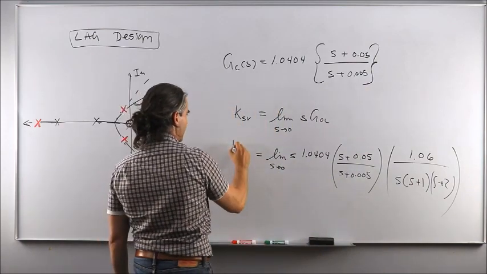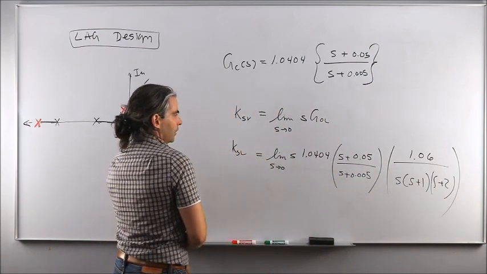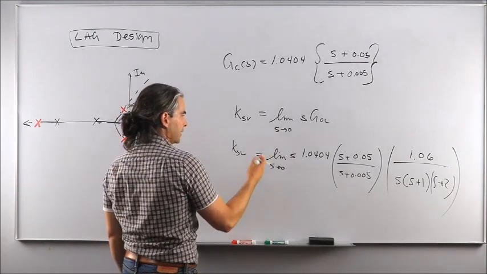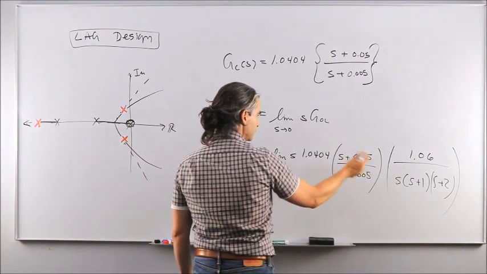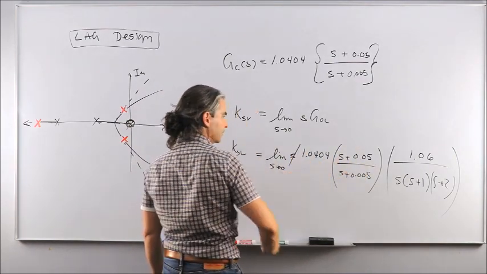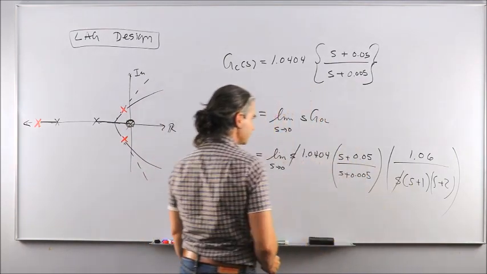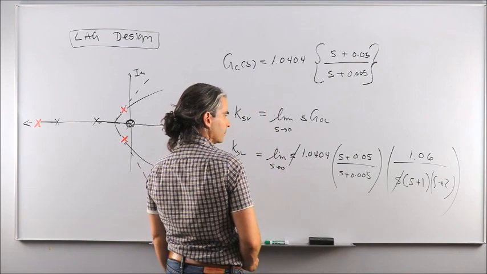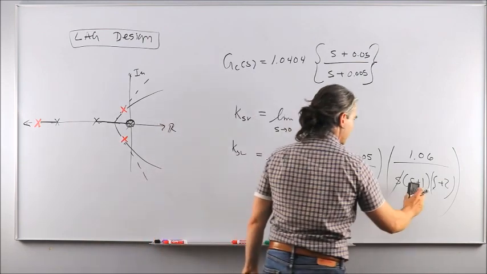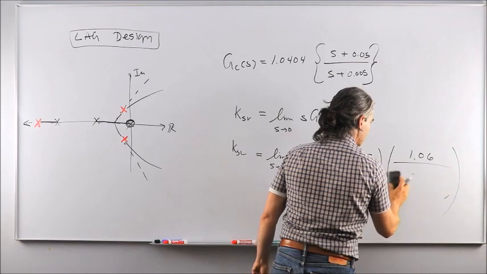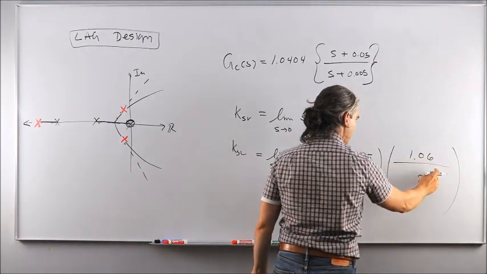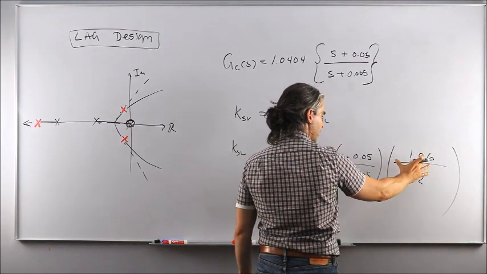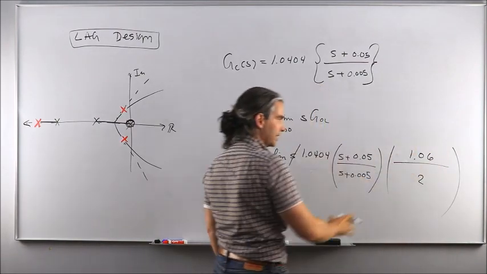So now to get KSV, you want to evaluate this whenever S tends to 0. So this S cancels out this one. And you'd be left here with 1 plus 2, or just 2, right? That is the original KSV we had just by looking at our original open loop, if that makes sense.